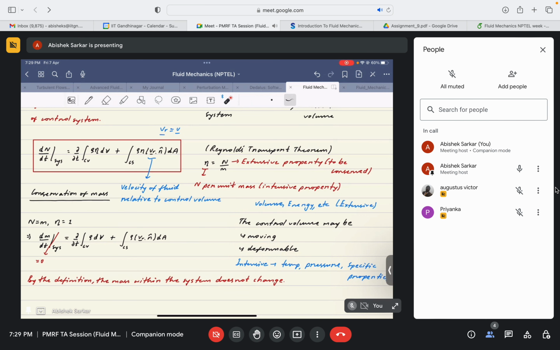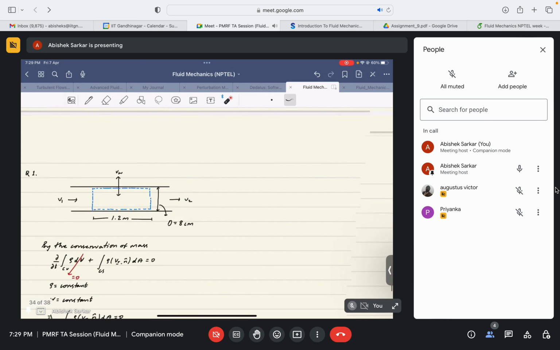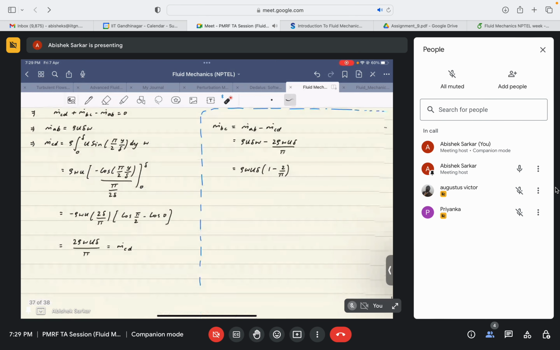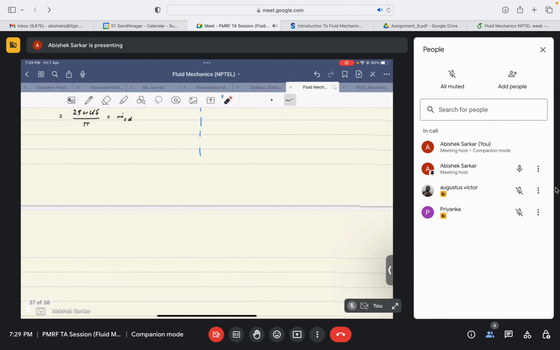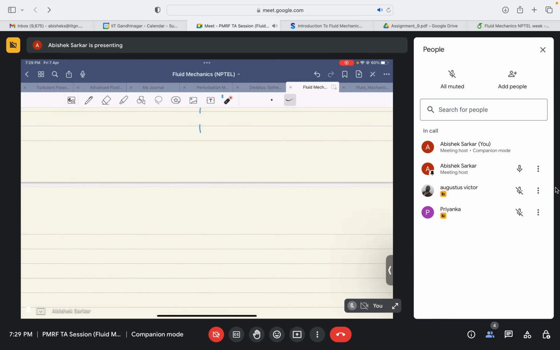Okay, so before looking into the conservation of mass, I would like to ask some questions, out of curiosity. I guess you might have heard about the continuity equation, which we have used in our previous problems.